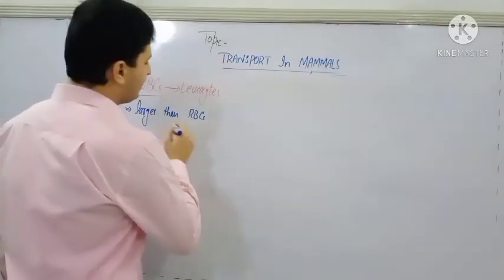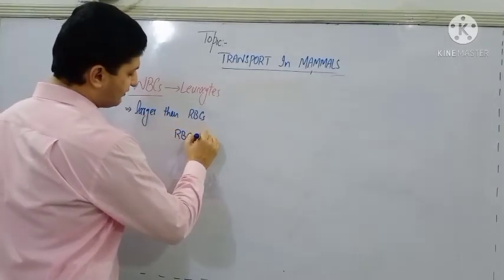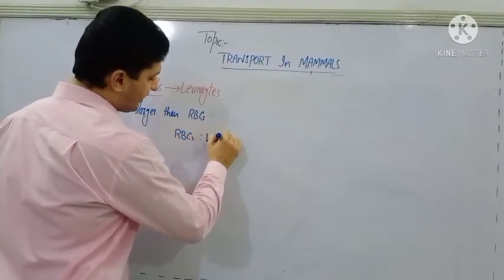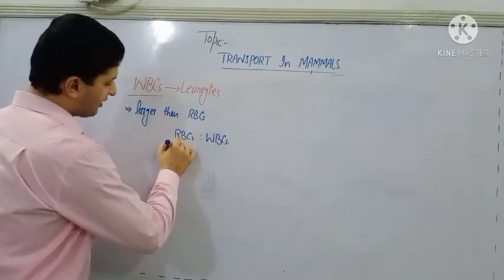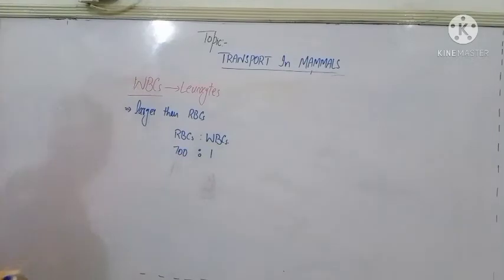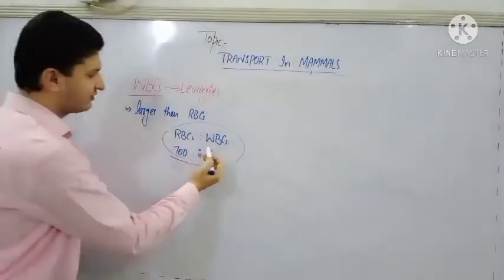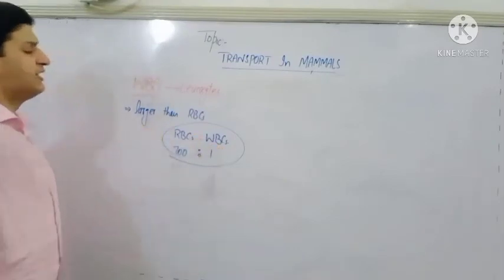And if we talk about the ratio between red blood cells and white blood cells, then the ratio becomes 700 to 1. So from here we can understand how few they are compared to the red blood cells.